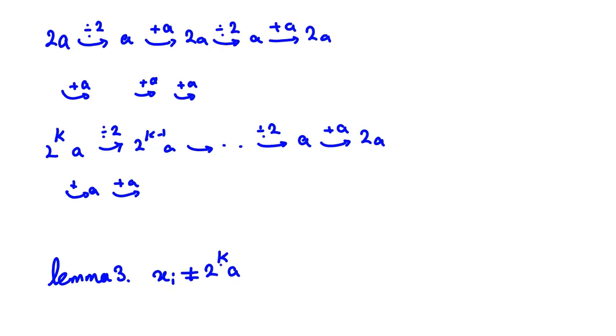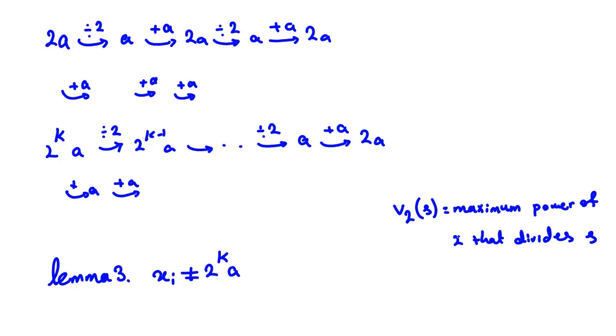Now, because we have 2 to the k, we guess that maybe we should work on v2 of these numbers. v2 of a number is what? v2 of, for example, a number s is the maximum power of 2 that divides s. Means what?